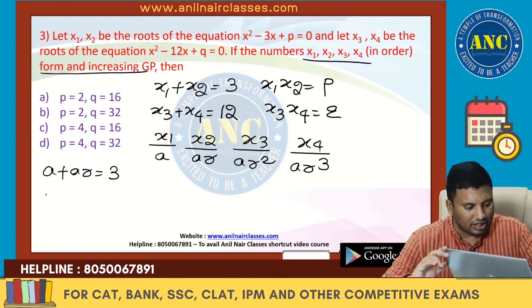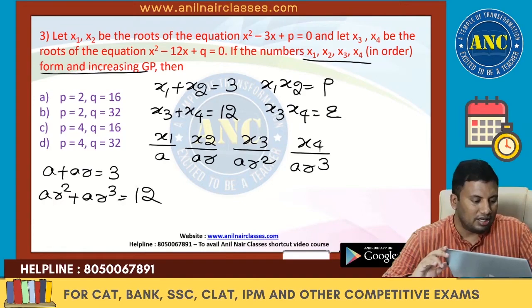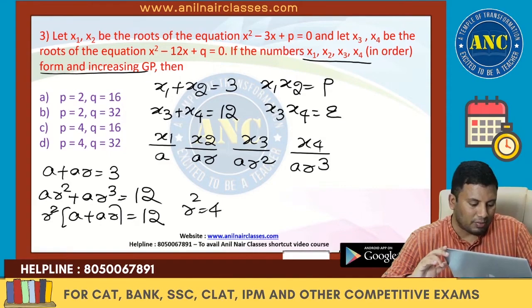Next, x3 plus x4, ar square plus ar cube, is 12. This is r square into (a plus ar), which is 12. So r square is 4, and r is plus or minus 2.